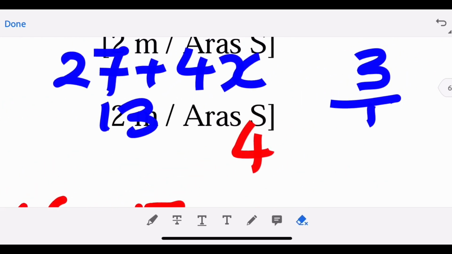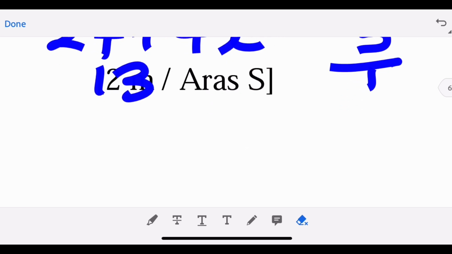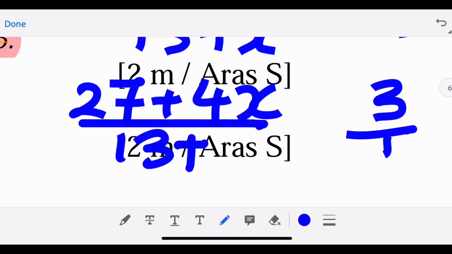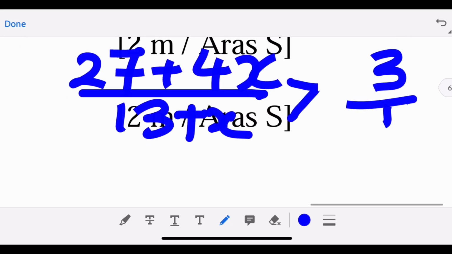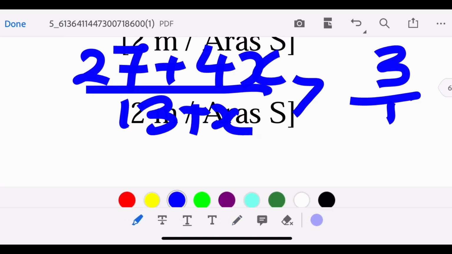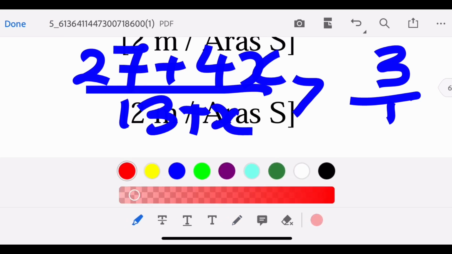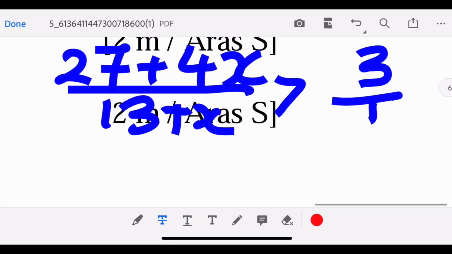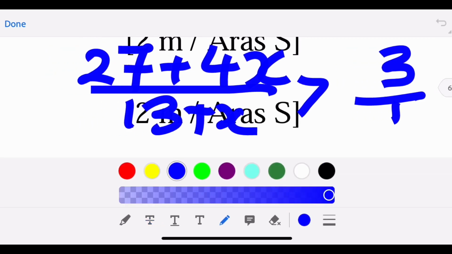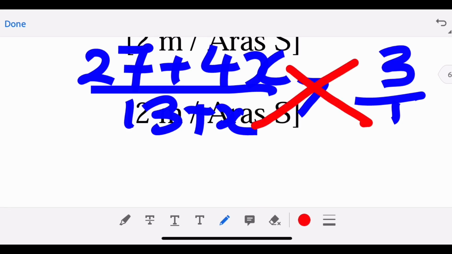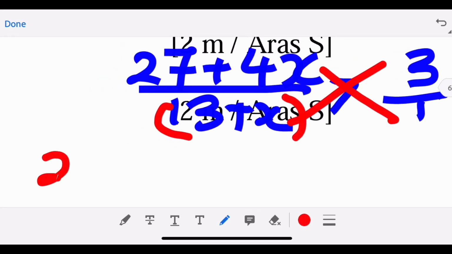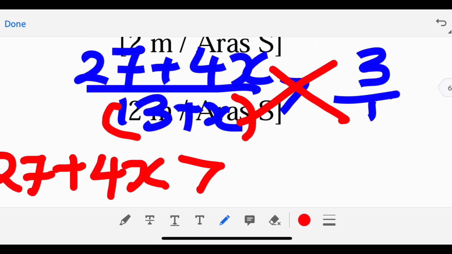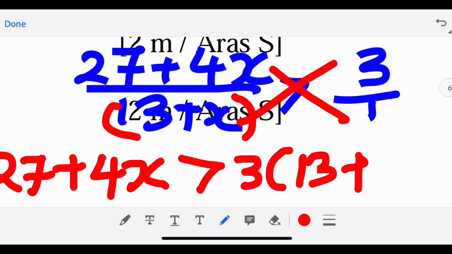Now let's see how to get the answer. 27 plus 4x over 13 plus x, more than 3. Do you know how to cross multiply? It's not equal, it's more than, but the way to do it is just like an equation, except you don't write equal. Write 27 plus 4x more than 3 times 13 plus x.